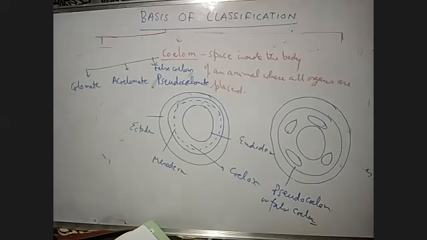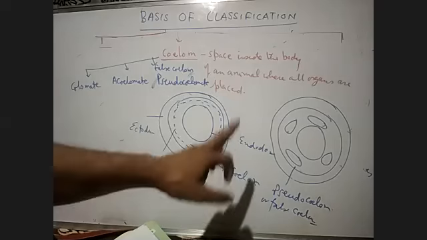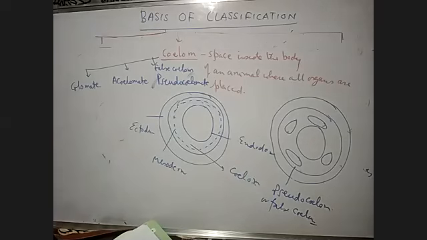In some animals, you see the body cavity is not lined by the mesoderm. There is no body cavity lined by mesoderm, and instead mesoderm is present as scattered pouches in between the ectoderm and endoderm.